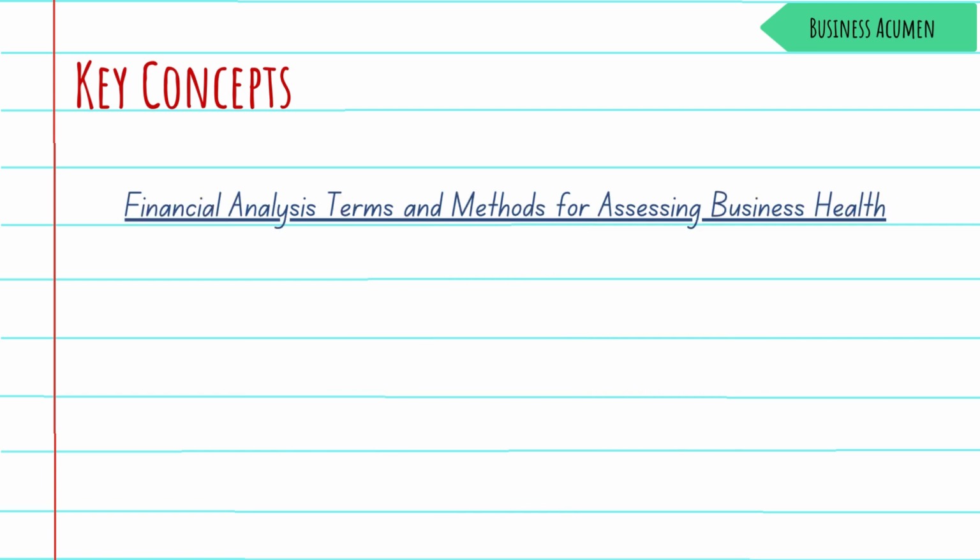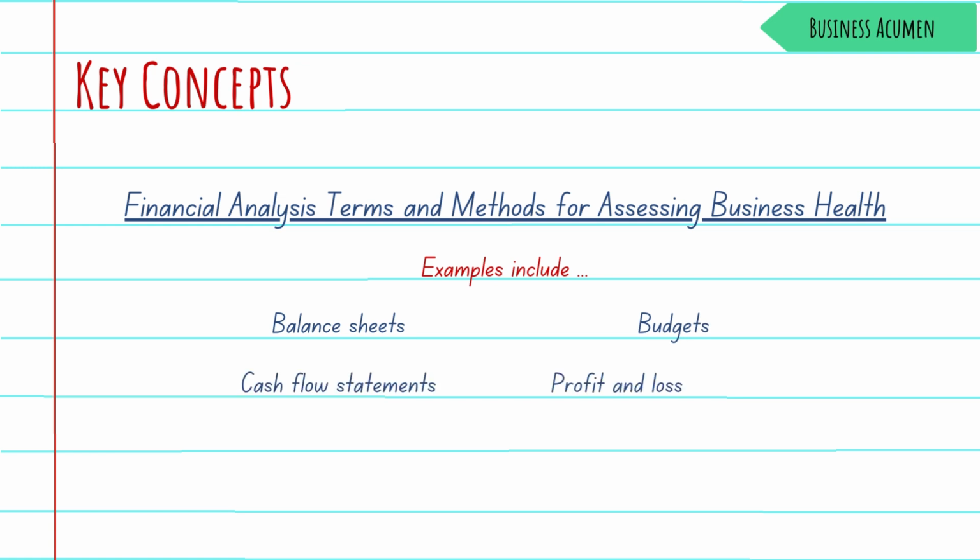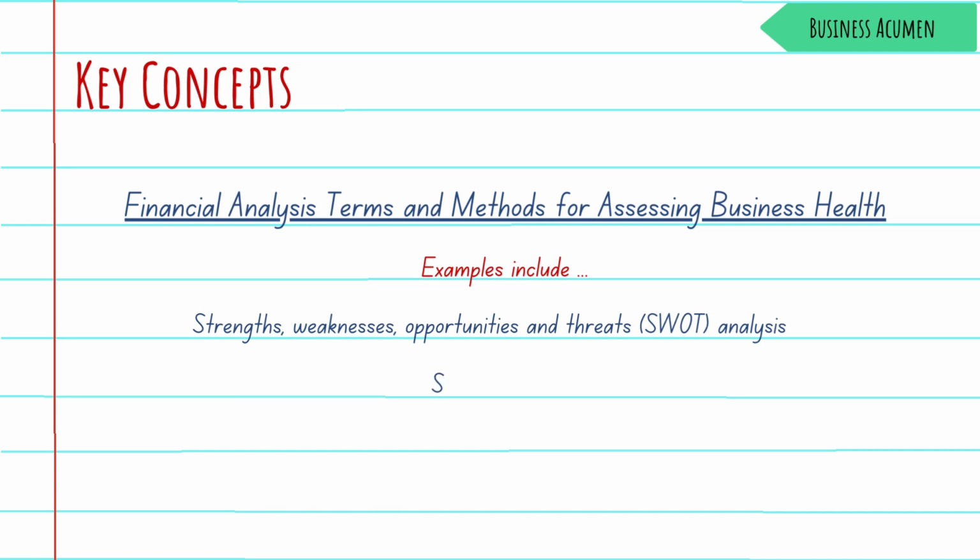Finally, examples of financial analysis terms and methods for assessing business health include balance sheets, budgets, cash flow statements, profit and loss statements, overhead, cash flow, cash reserves, return on investment, SWOT analysis, sales pipelines, and market positioning.